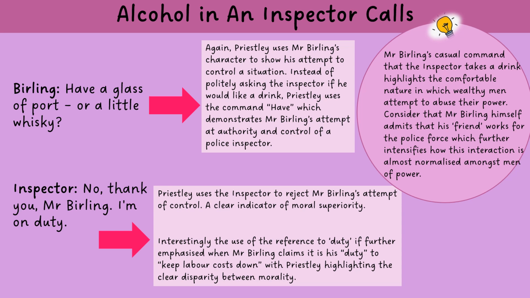Mr. Birling, an immoral, corrupt character who's attempting to use cronyism to get ahead, attempting to use cronyism to distance himself from any sort of culpability, whereas the inspector is pursuing the Birling family and ensuring that they are listening to his message.